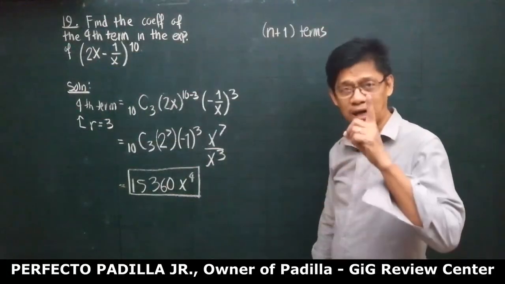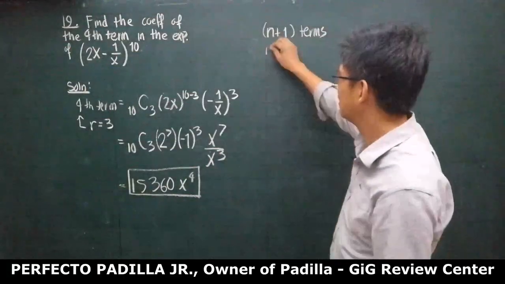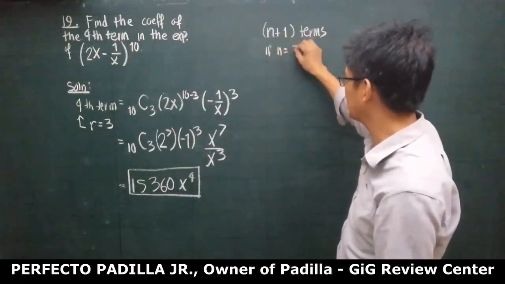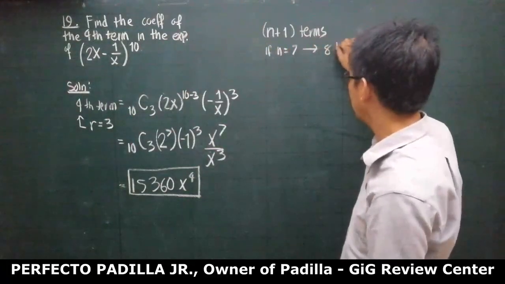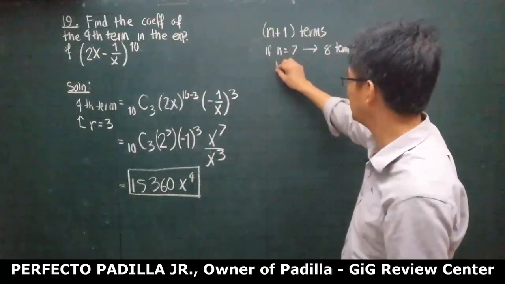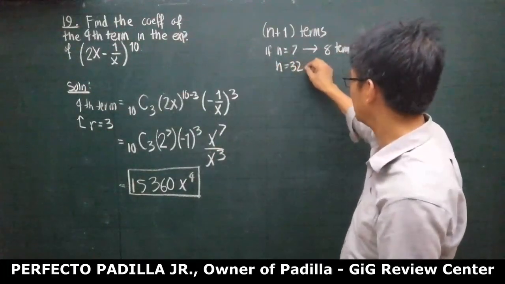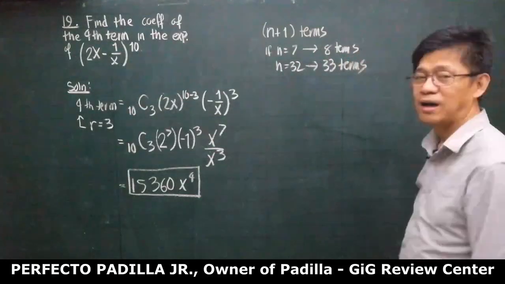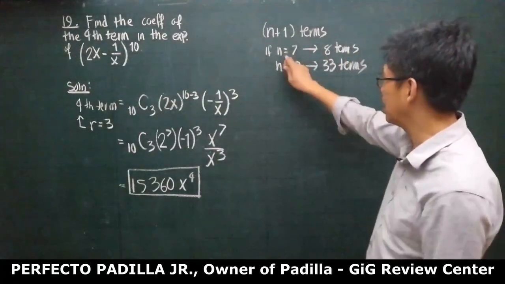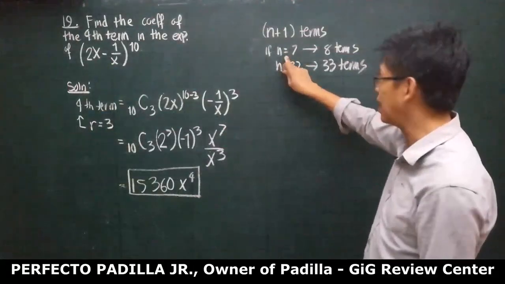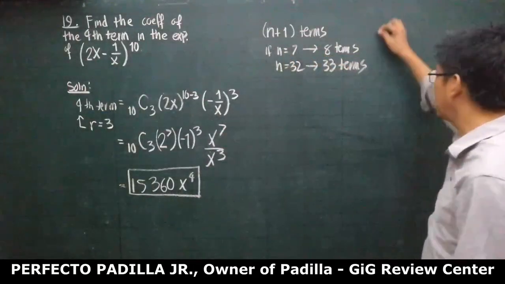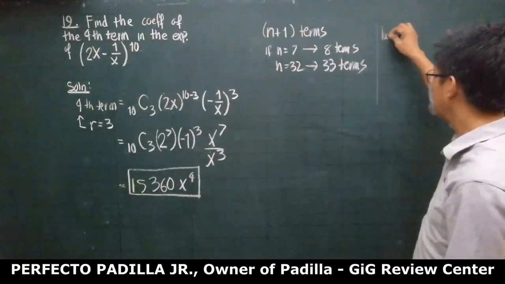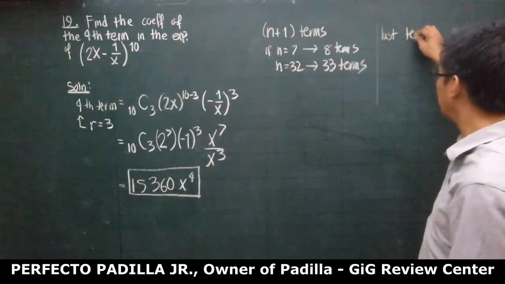Correct? Ang ibig sabihin, if N is equal to 7, there are 8 terms. If N is equal to 32, there are 33 terms. Ang ibig sabihin dito, when N is 7, the last term is the 8th term. Tama? Ito yung last term.